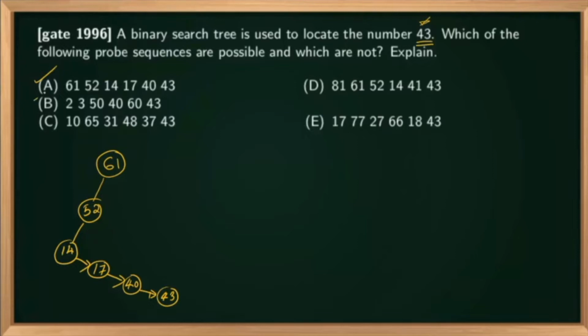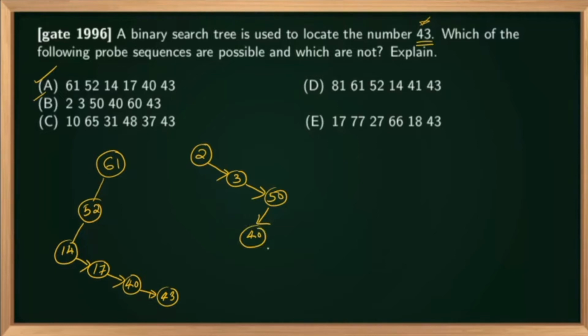Now let's see choice B. B means we are starting from 2 and we are searching for 43, right? So the root is 2, then definitely we go right and we see 3, that's fine. Then we are searching for 43, we go right and see 50, that is perfectly fine. Then we go left, so we are expecting a number less than 50. We see 40, that is also fine.